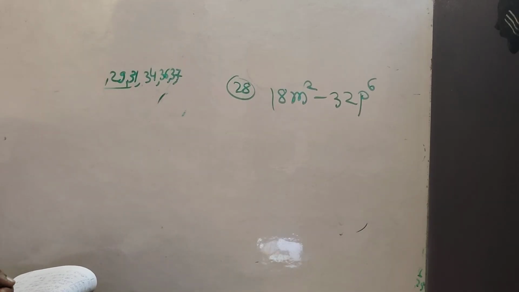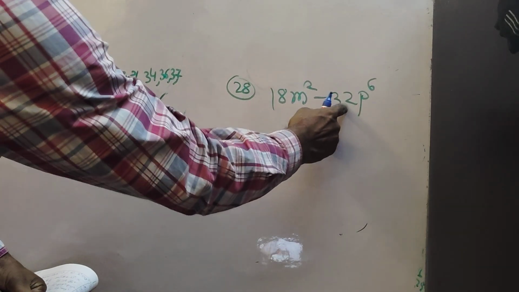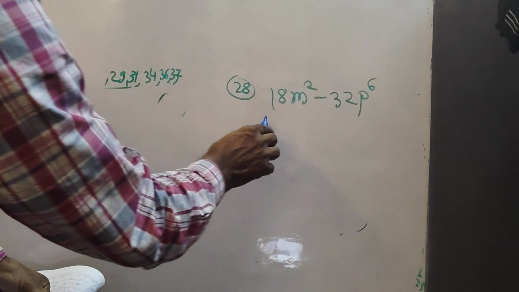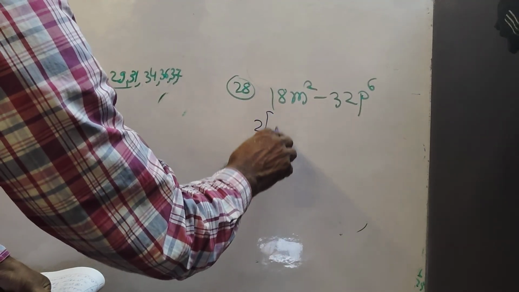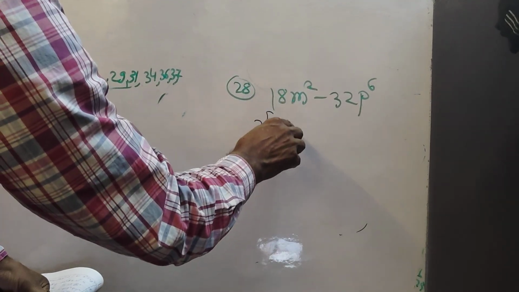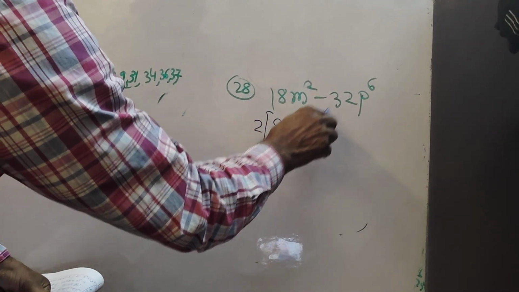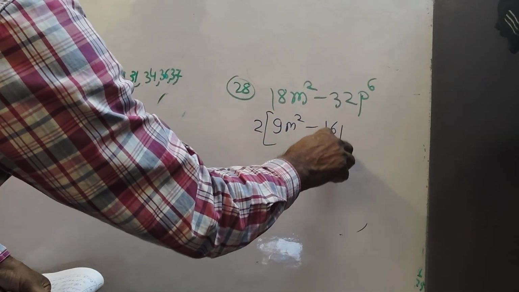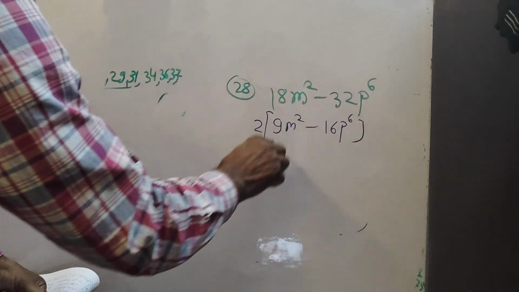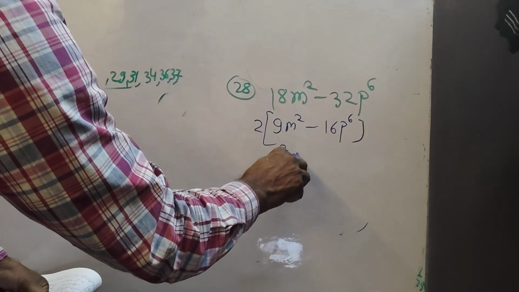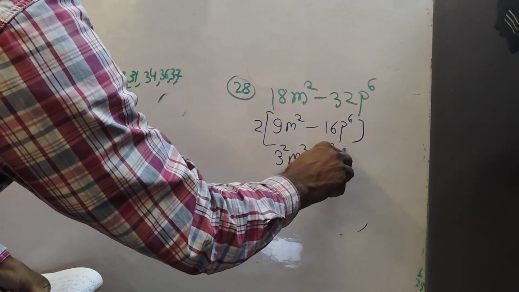There is a common number, and from 18 and 32 we can say the common is 2. After taking common, we divide 18 by 2, we get 9. 32 divided by 2, we get 16. Now 9 is 3 squared, 16 is 4 squared.